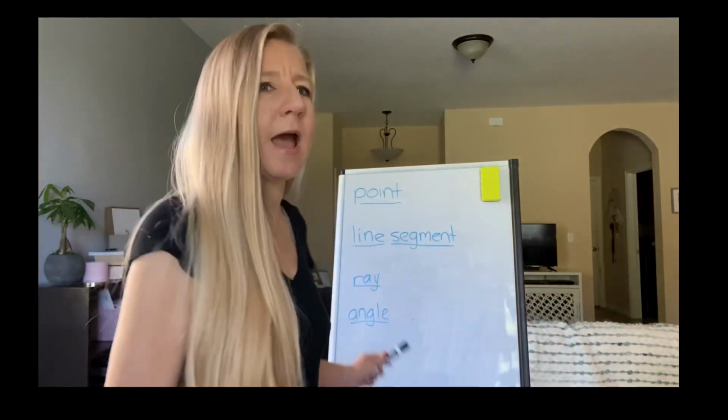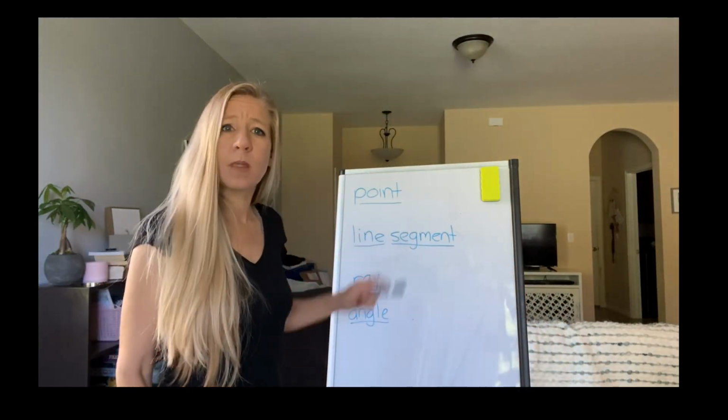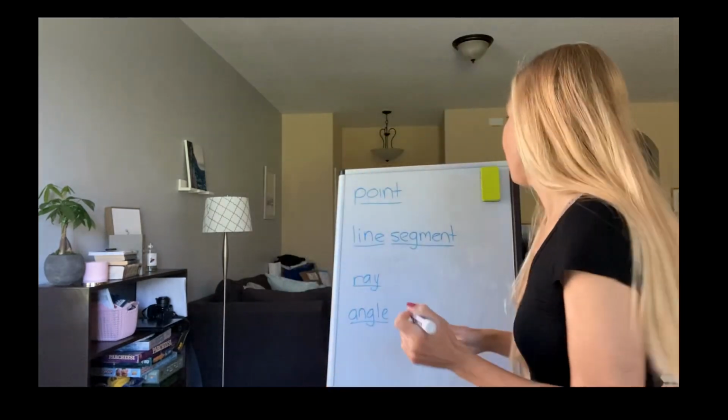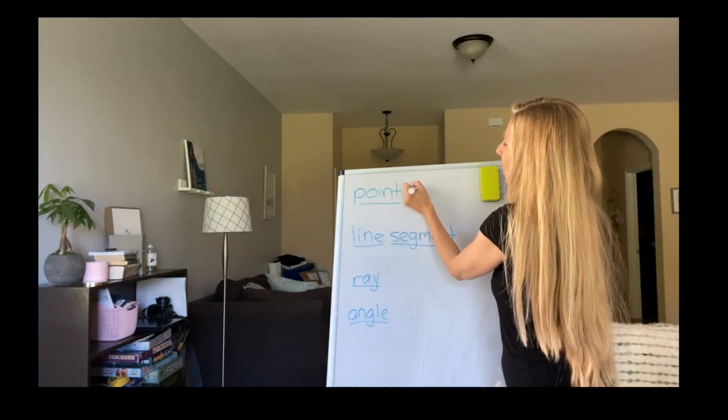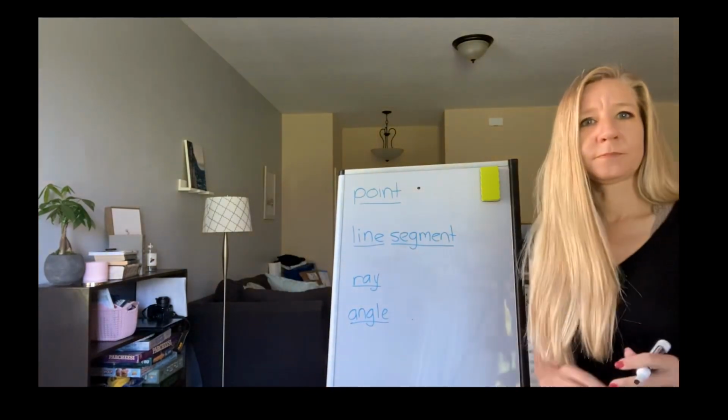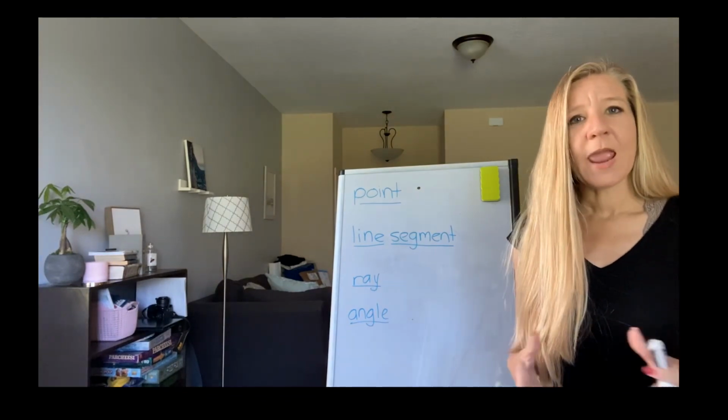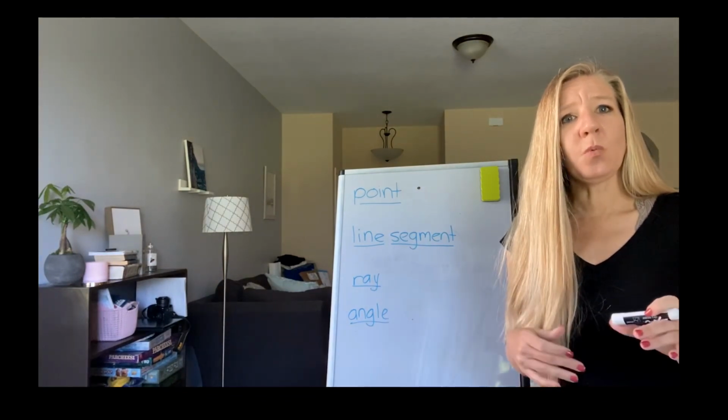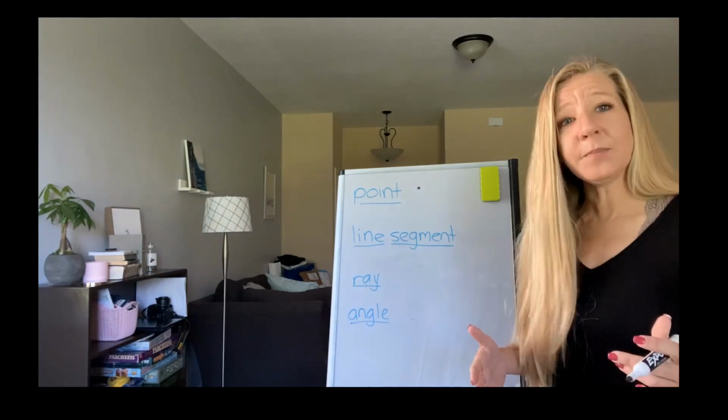So first, we have the word point. Point is just a specific location on a flat surface. So we identify that with just a small dot. That's a point. And we can give it a name with a letter.